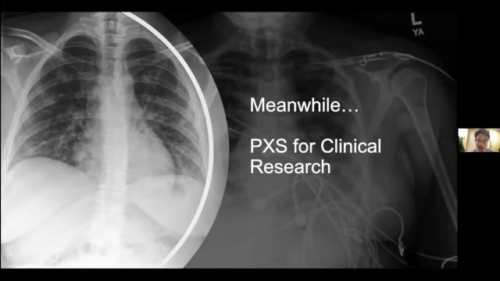So while we were trying to deploy AI models and we were working on these tools, we were also using PXS for clinical research, and we've actually found some value in just having this as a clinical research tool.